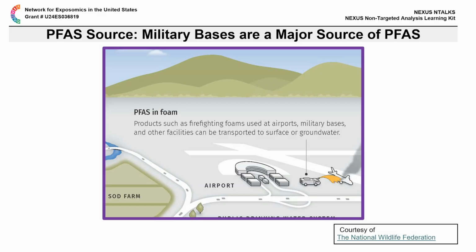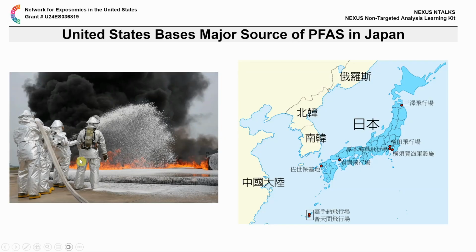It's what firefighting foam is mostly made out of at airports, both due to training exercises and to actual fires and to accidental spills from hangars that have to be filled with large amounts of firefighting foam. There are commonly large emissions of PFAS into the local waterways, soil, etc.